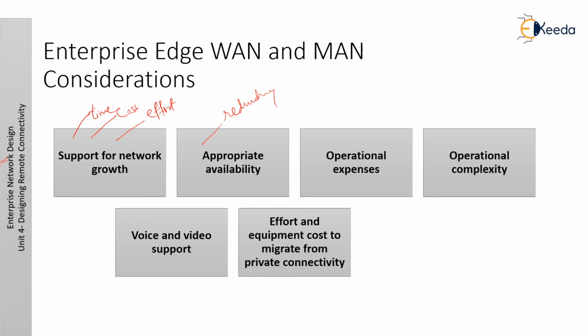Then, effort and equipment cost to migrate from private connectivity. When an enterprise is migrating from private connectivity to another technology, it is important to evaluate the short and long-term cost and benefit of this migration. In many cases, this is accomplished with minimal investment in equipment, time, and IT staffing.